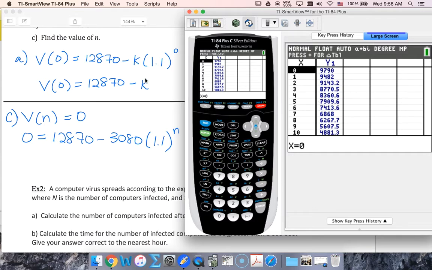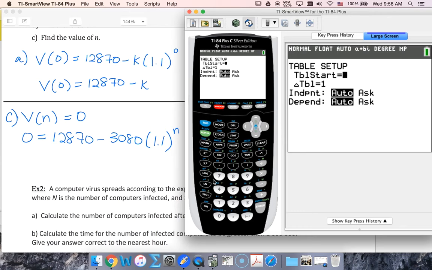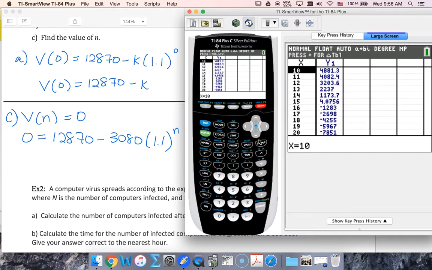If I actually plugged in my k, that's my starting value. My car value is decreasing, so I can see at 10 that I'm still not at 0. So I'm going to just jump up to 10. And now I can see somewhere in between 15 and 16 is when my car value goes through 0.